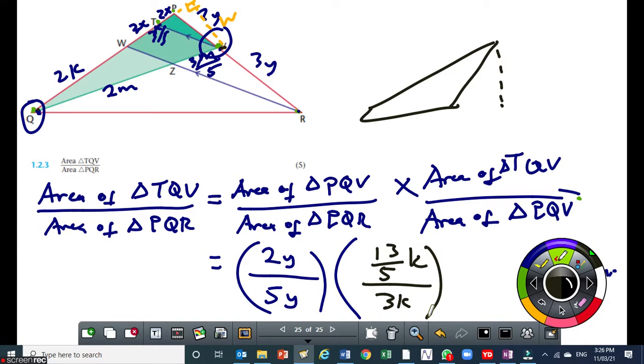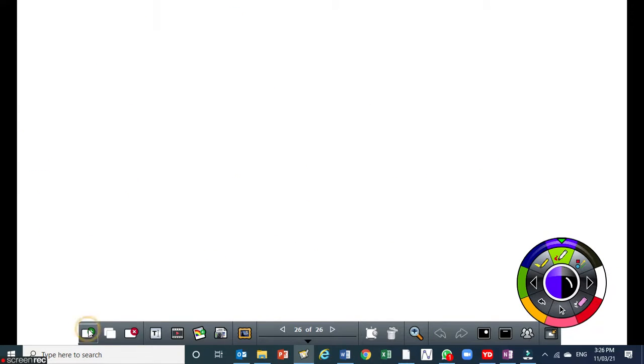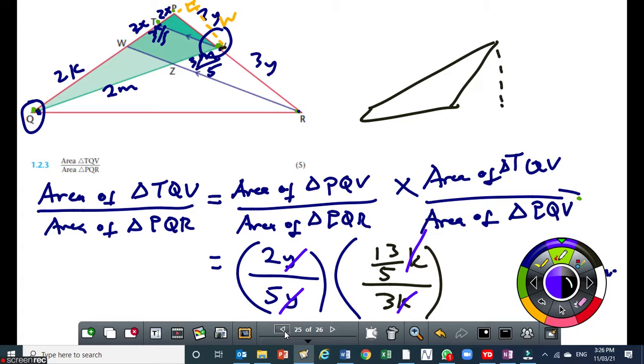Then start smiling. The K and the K cancel. Y and the Y cancel. Okay? Then you are left with fractions. So 2 times 13 over 5 will give me 26 over 5. So on the next page, I'm going to write this is equal to 26 over 5, that's all over 5 times 3, which is 15.